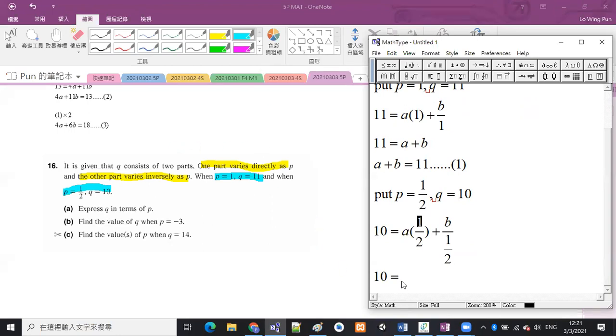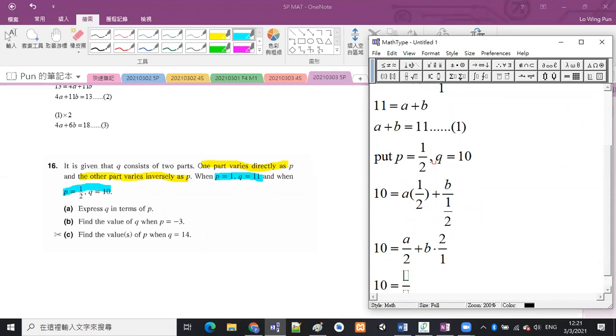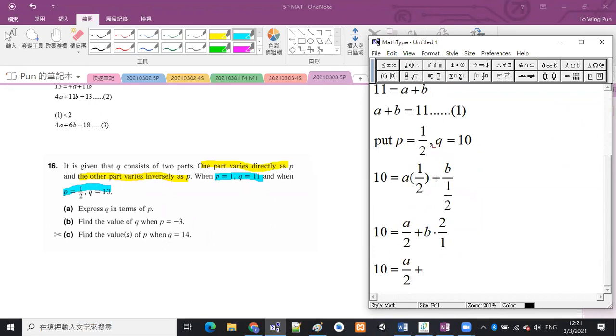So A should be multiplied to the 1. That is A over 2. And then B over a fraction becomes B times the upside down of the fraction. So it is just B times 2. That is 2B. Okay, because over 1 can be omitted.